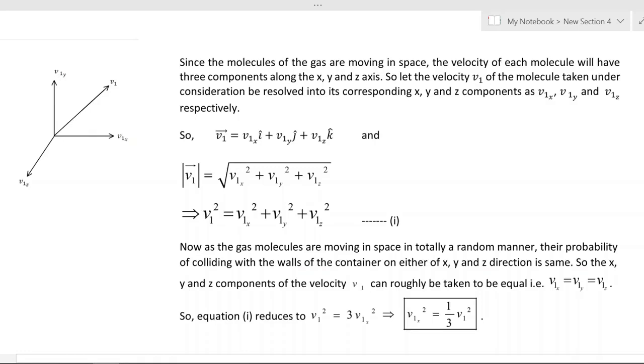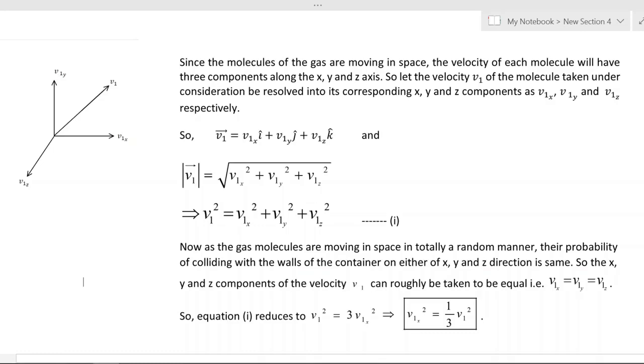So let the velocity v1 of the molecule taken under consideration be resolved into its corresponding x, y and z components as v1x, v1y and v1z respectively. So the v1 vector is equal to v1x i cap plus v1y j cap plus v1z k cap.